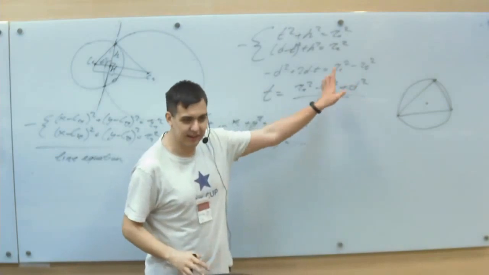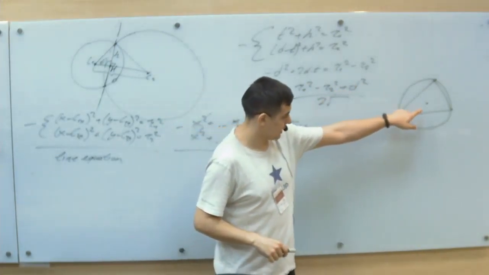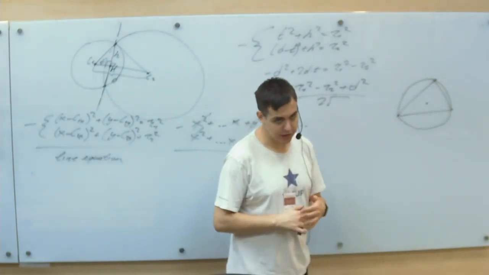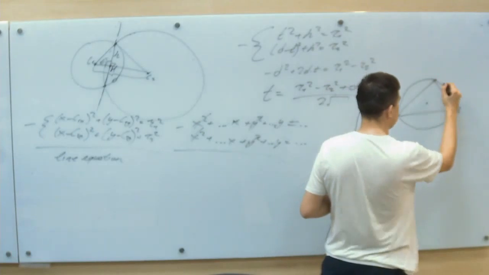This looks like a circle that this triangle is inscribed into. So let's have these 3 points A, B, and C.